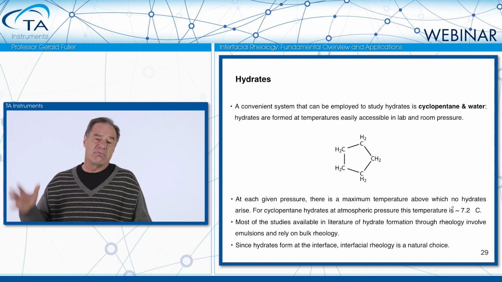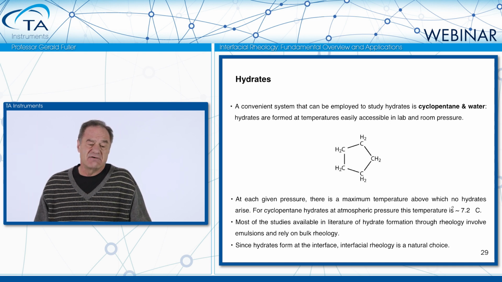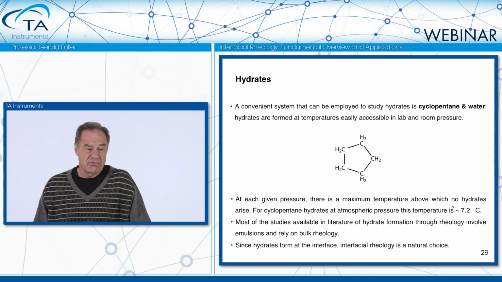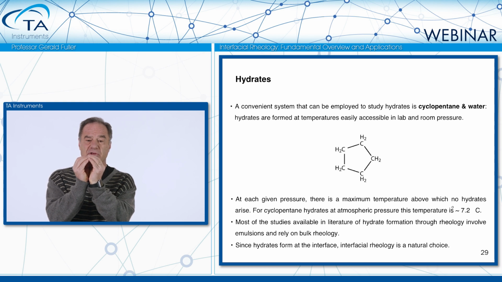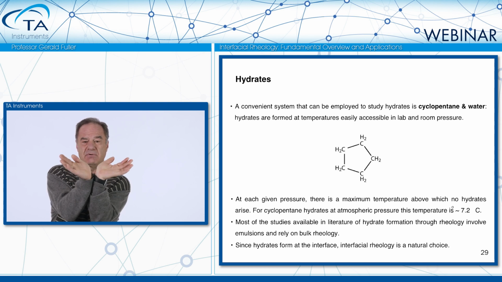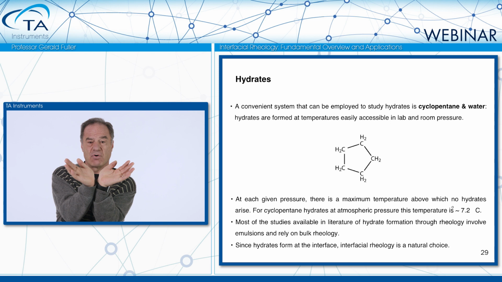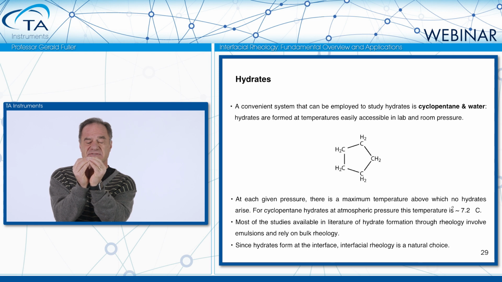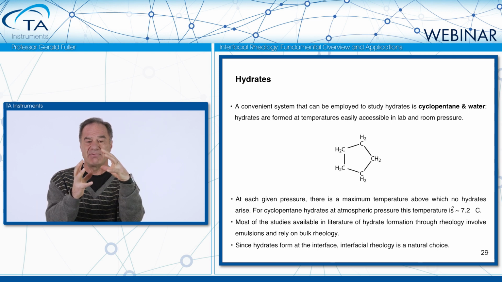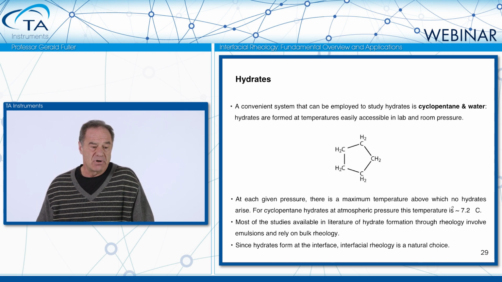The hydrates form if you go below about 7.2 degrees centigrade. And there's the schematic of cyclopentane. It's a small molecule. Pentane by itself will not form a hydrate. By bending it into a circle, you reduce its size sufficiently that now you can trap it inside hydrogen bonds.